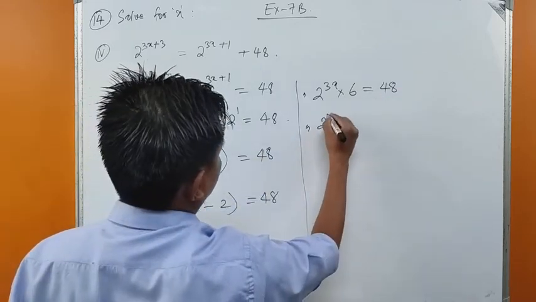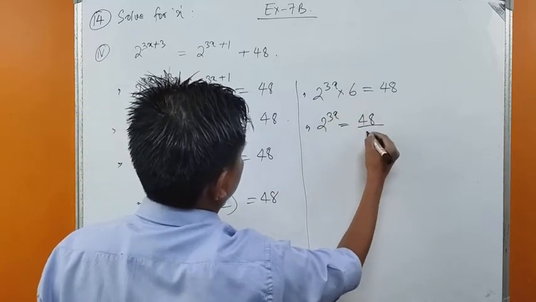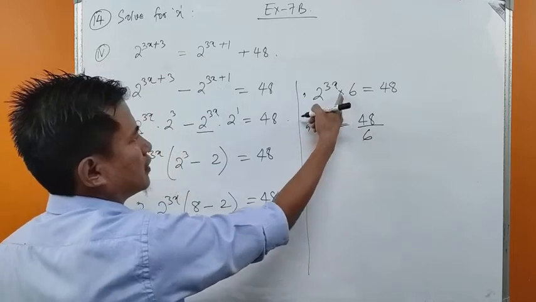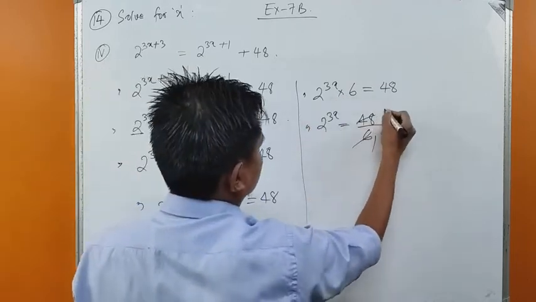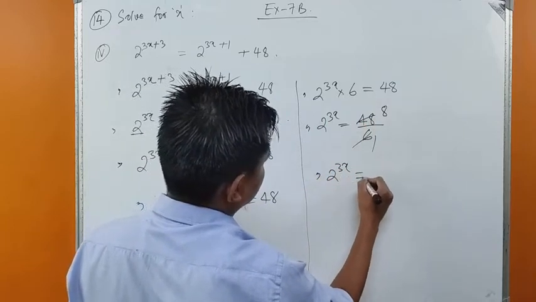Or 2 to the power 3x equals to 48 upon 6, this 6 goes down to the denominator by cross multiplication. 6 1s are 6, 6 8s are 48. Or 2 to the power 3x equals to 8.